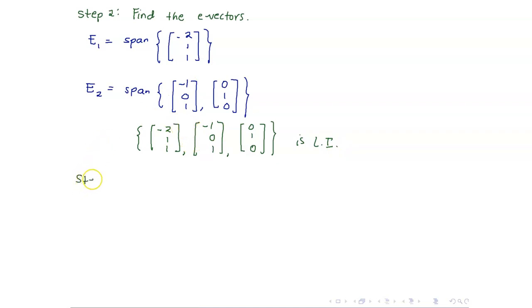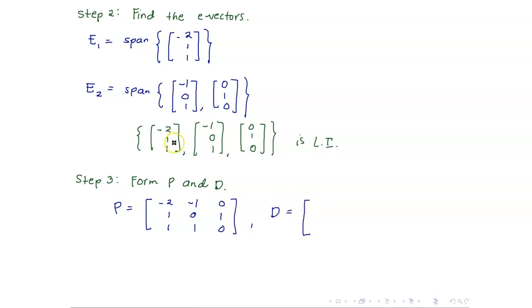And therefore, we can now form our matrix P and D. Let us take P to be this one, negative 2, 1, 1, negative 1, 0, 1, 0, 1, 0, and therefore your D: negative 2, 1, 1 corresponds to the eigenvalue 1. So therefore this is 1. These two columns here correspond to the eigenvalue 2. So we have 2, 2.